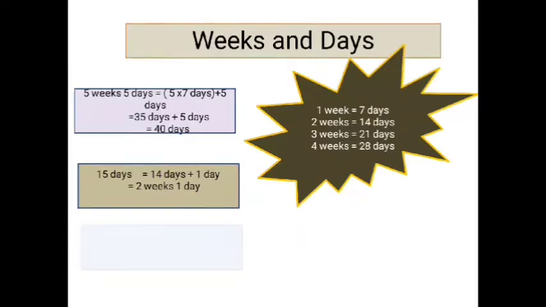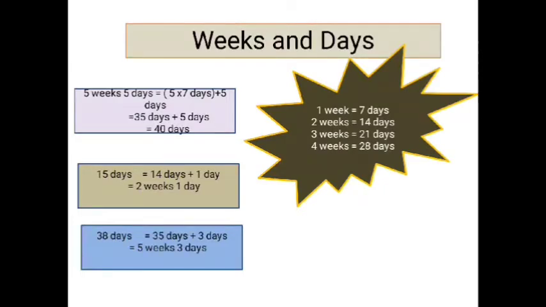How about in 38 days? How many weeks and days in 38 days? So we separate them. In 38 days, we can separate into 35 days plus 3 days. So it becomes 5 weeks, 3 days.